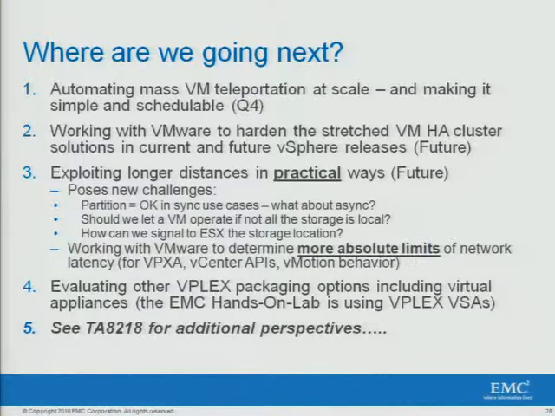In the synchronous use case, it's safe because the data is always on both sides. But in the async use case, how can we let the VMotion complete even though not all the storage is there? Maybe when you hit that VMotion over long distances, you want it to go, wait for it. Okay, now VMotion, right? Because that way there's no splinching.